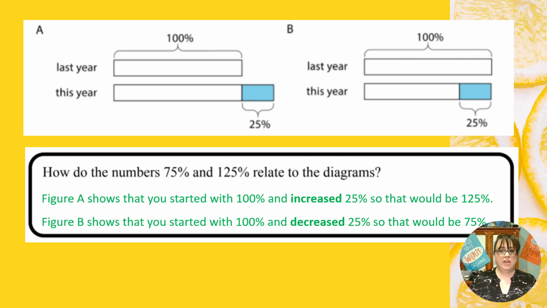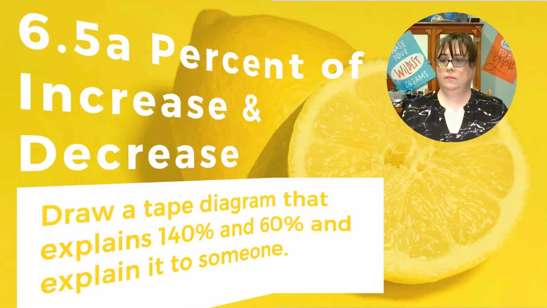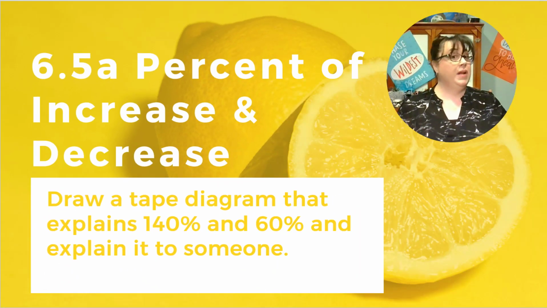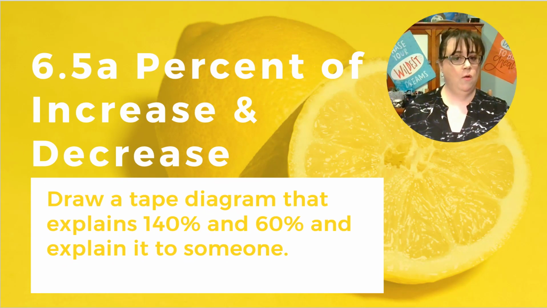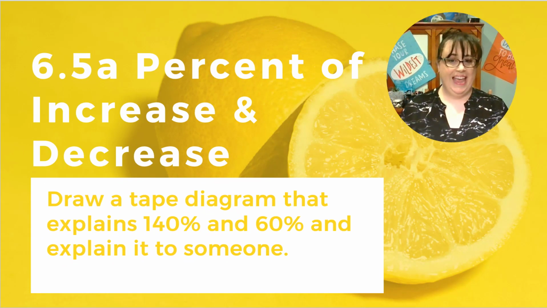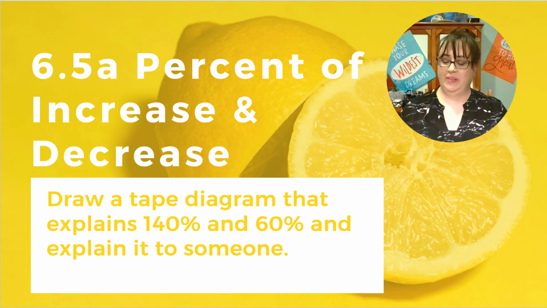When you subtract it, that is 75%. So what I would like you to do is draw a tape diagram that would explain 140% and 60%, and then explain to somebody what the part is that is the same between them.